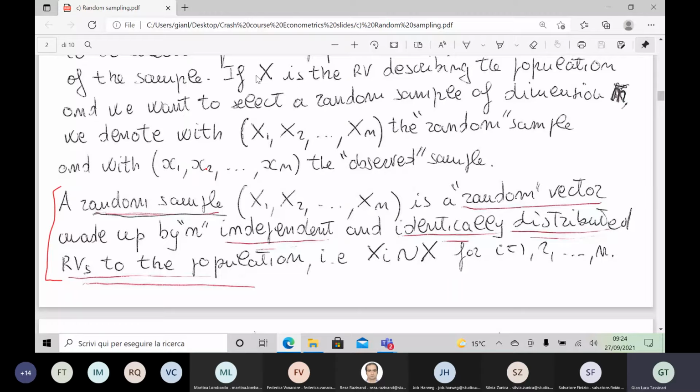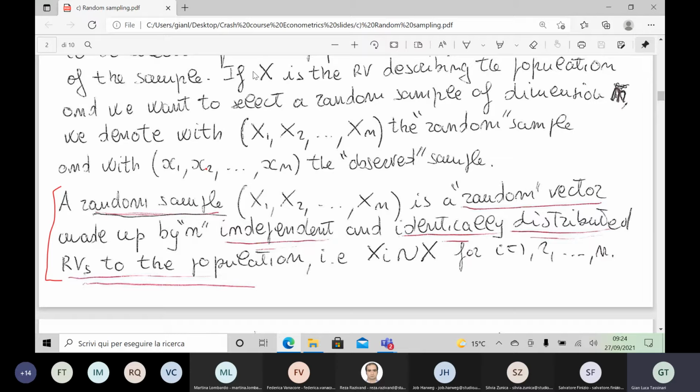And if you want to select randomly an element, the probability, for example, to select a particular individual... or suppose we want to measure the income, guys. Suppose I try to do a stupid example.